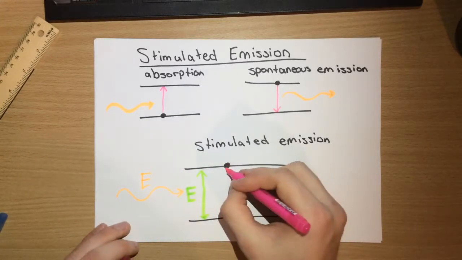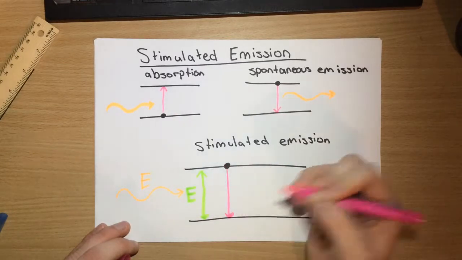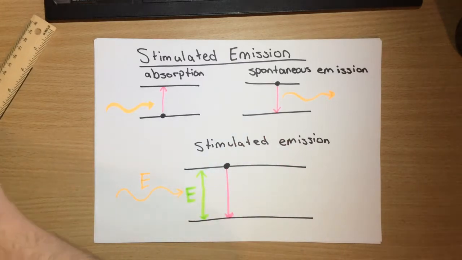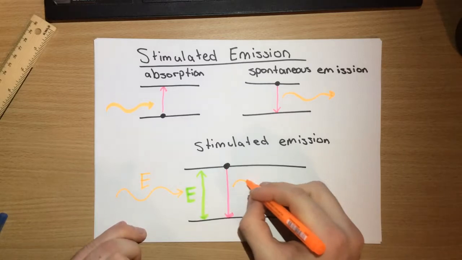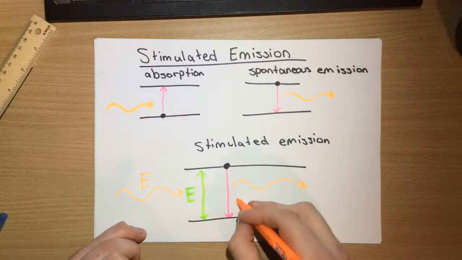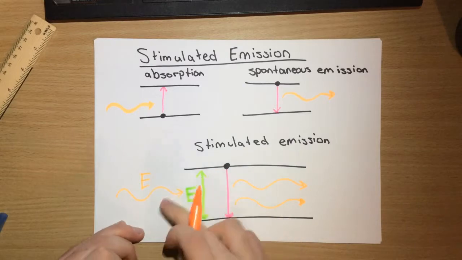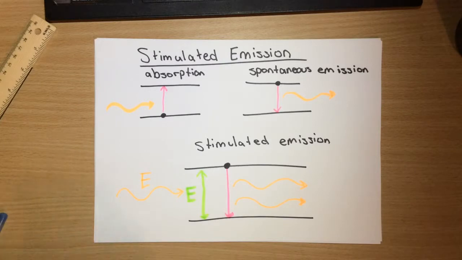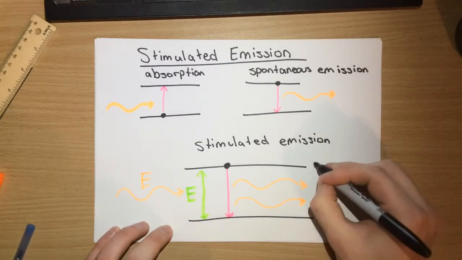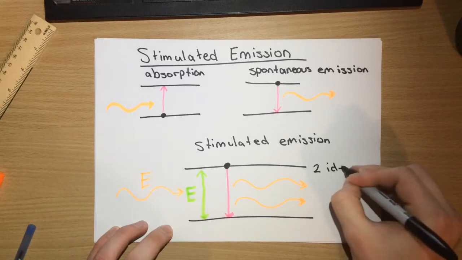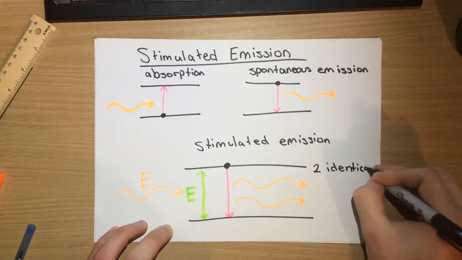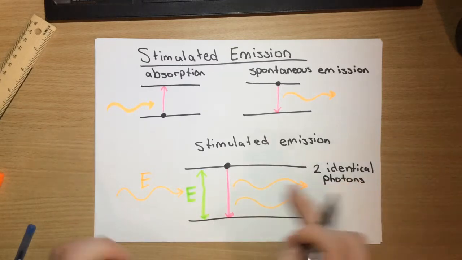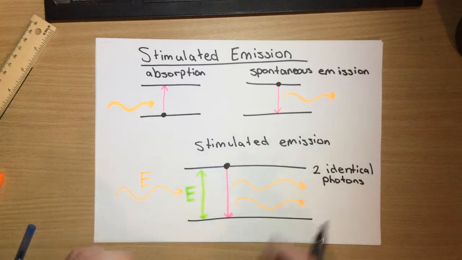Our electron is stimulated by our photon to drop down, and what we get on the other side is our original photon, and a stimulated photon as well. So we get two identical photons. We've sent one in, we've stimulated that emission, and we've got two identical photons out.